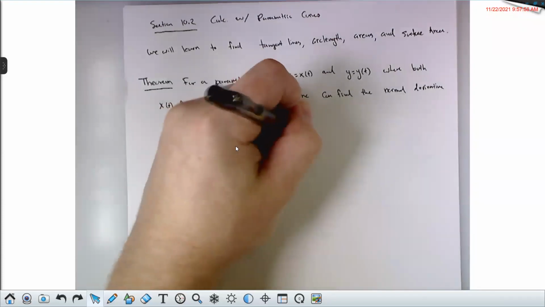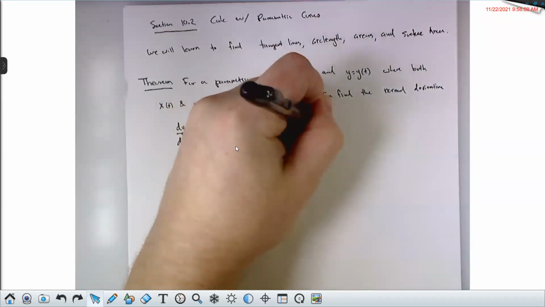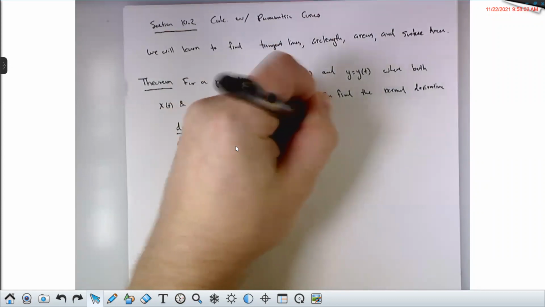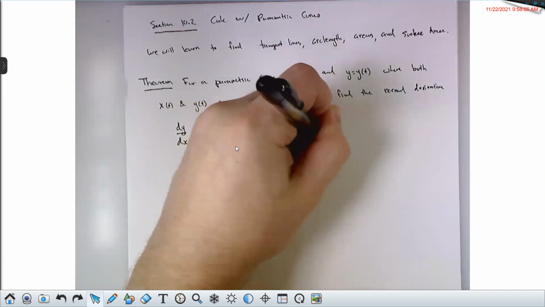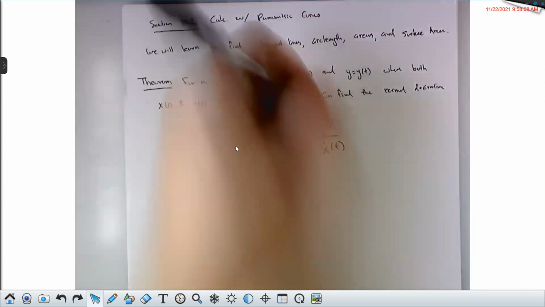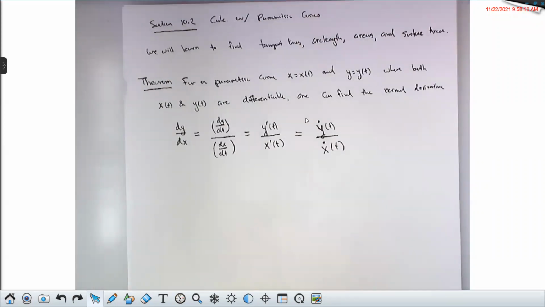There is another notation that's common in physics here, and that is the dot notation. So y dot generally means derivative with respect to time.